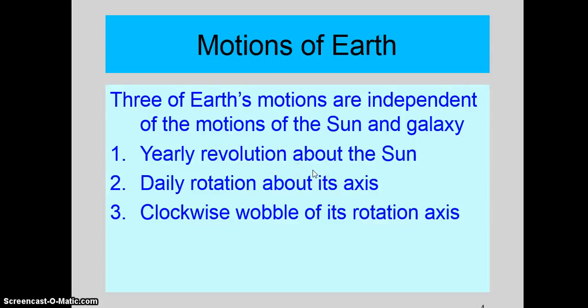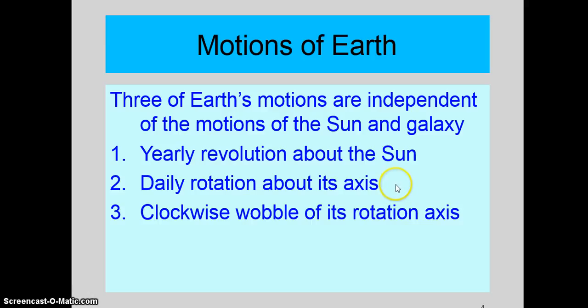Revolution is when an object orbits another object. Rotation is when the object spins around its own axis. So the rotation is the daily thing that we don't feel, but that we sense from the sun rising in the east and setting in the west.